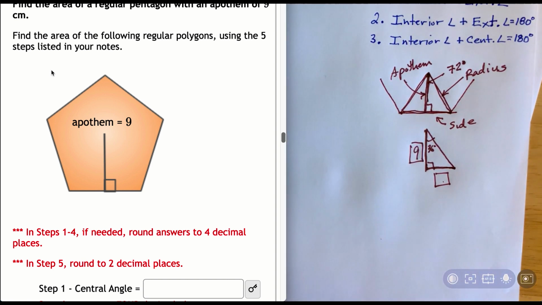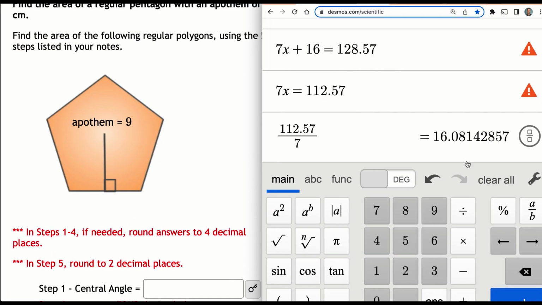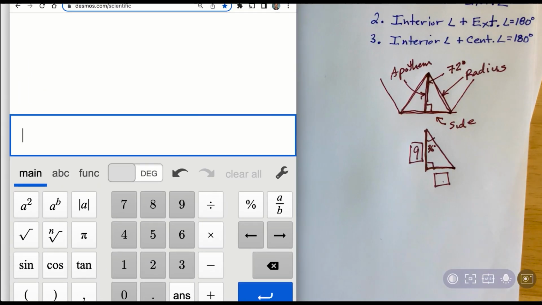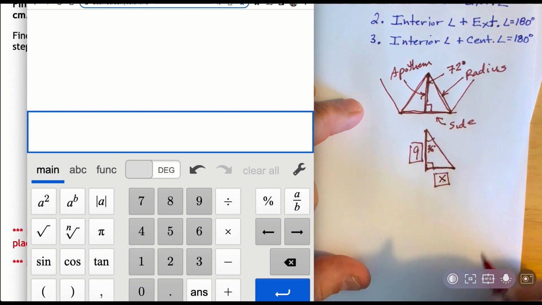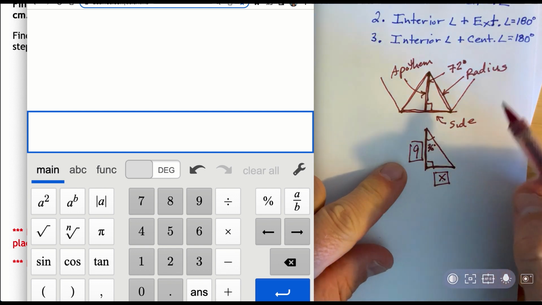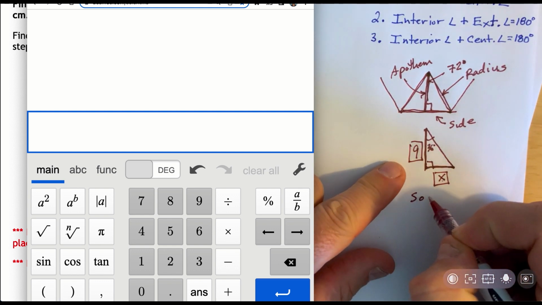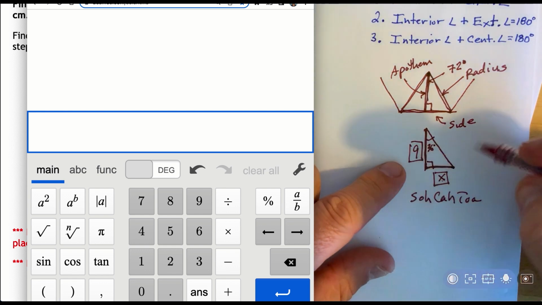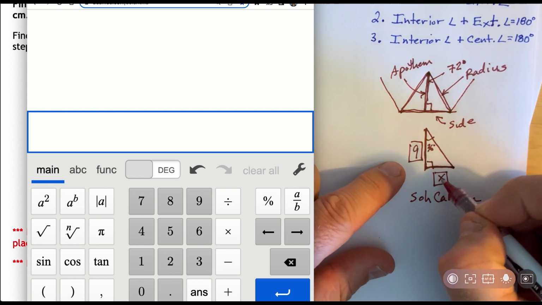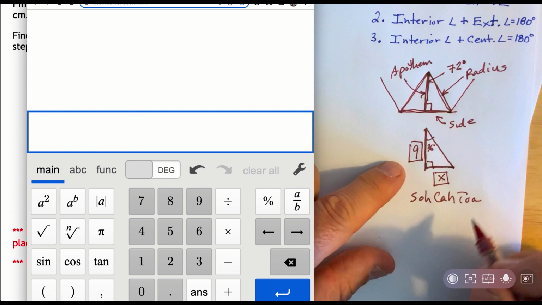Okay, so let's get our calculator going next. If I'm trying to figure out this side right here, which I'll call x, then I would look at this as a SOHCAHTOA question. S-O-H-C-A-H-T-O-A. This side is opposite, straight across from the 36, and this one is adjacent.